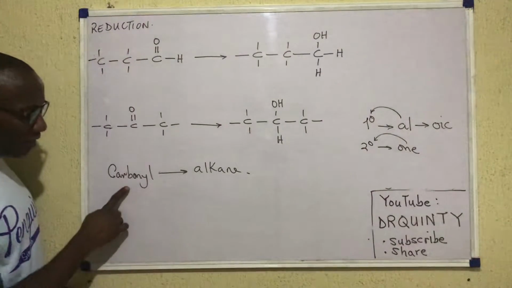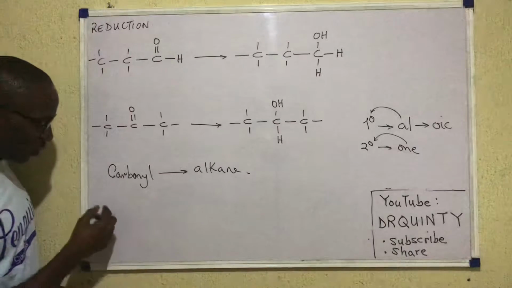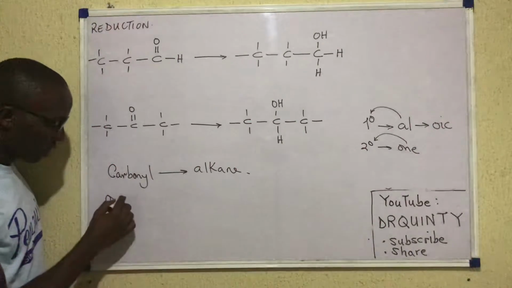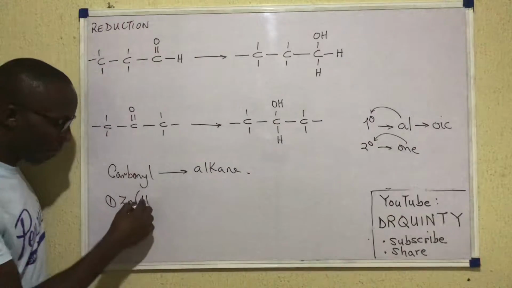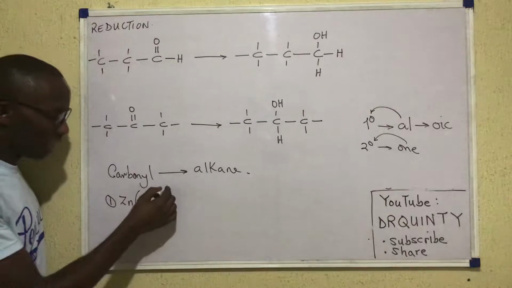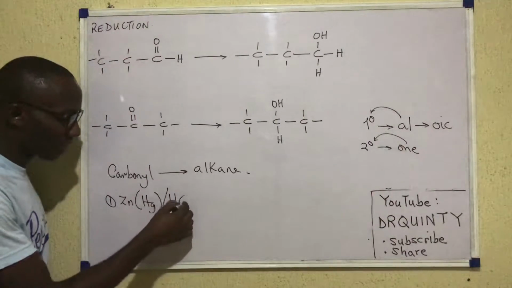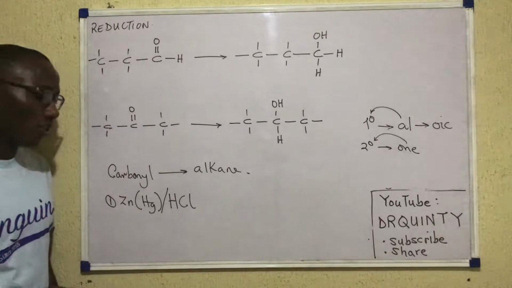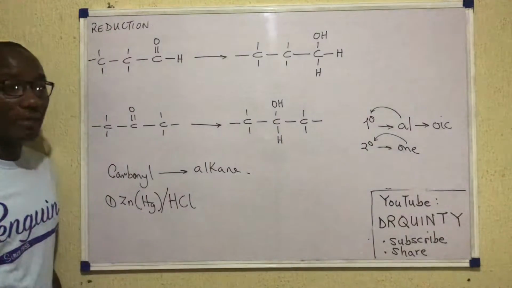If you were to convert a carbonyl into an alkane, 2 common reagents you could employ are zinc amalgam, or you say amalgamated zinc, in the presence of acid. So this is amalgamated zinc and acid, or you say zinc, amalgam, and acid.